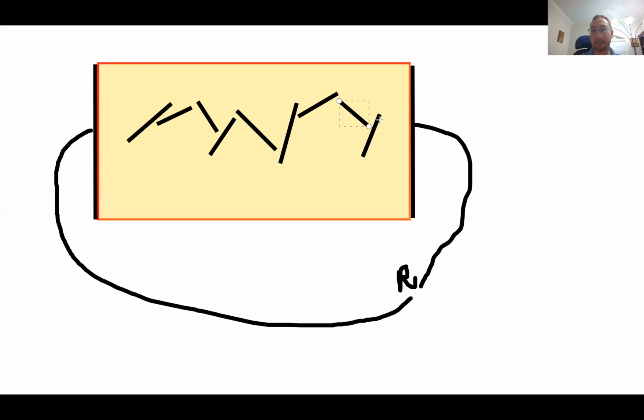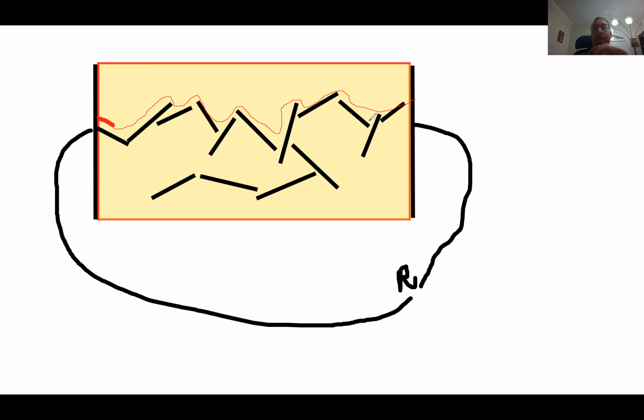Now what you can see is that there is a path from one electrode to the next, so electrons can go from one end to the other.